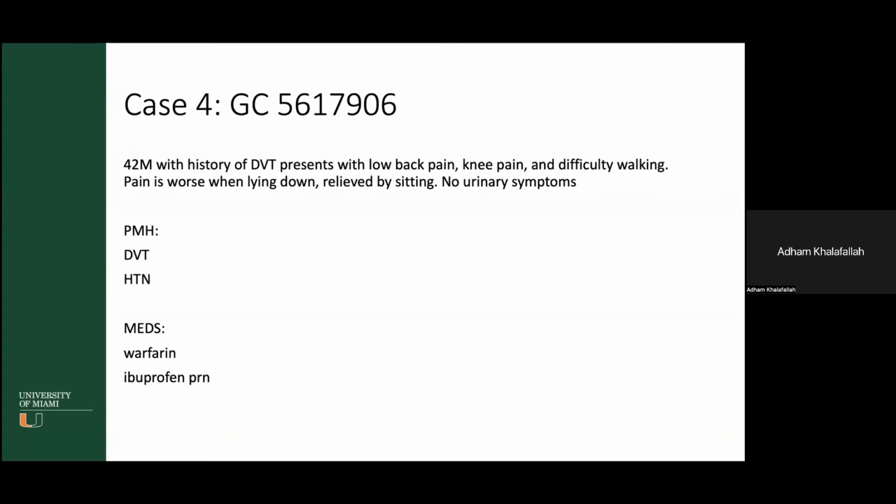So when they're standing, this pain is worse when laying down. What is common in the patients that you see day in and day out with degenerative disease of the spine? No, the pain is worse on exercise, on walking, right? Yeah. So this is something unusual. So whenever you have this history, you think of what?